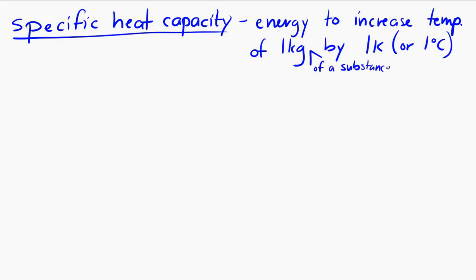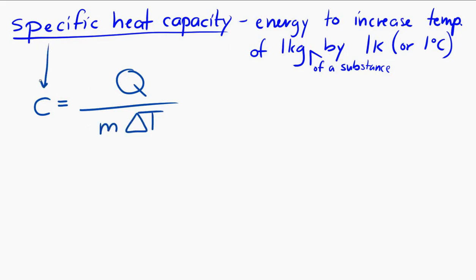And if we write down the specific heat capacity as an equation, well, specific heat capacity is usually represented with the letter lowercase c. c is equal to Q divided by m delta T. And if we rearrange that, we can get Q is equal to m c delta T. Now let's define all this stuff.